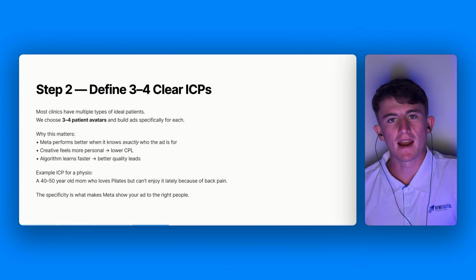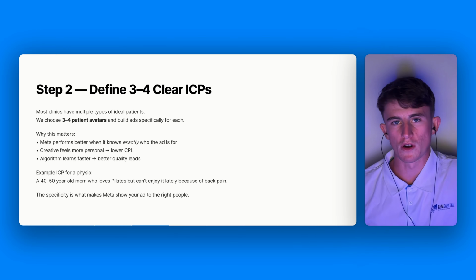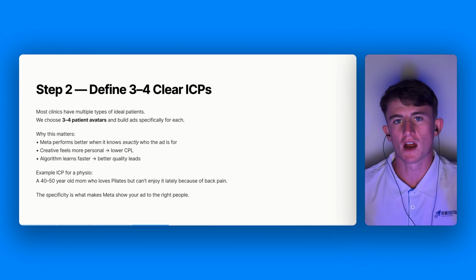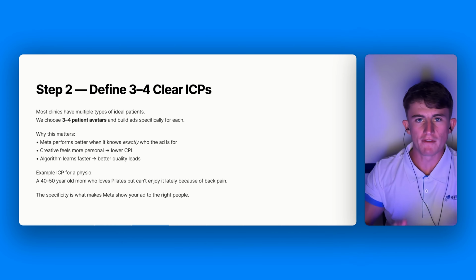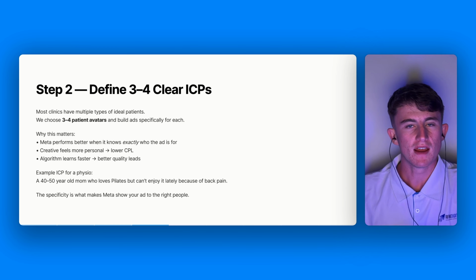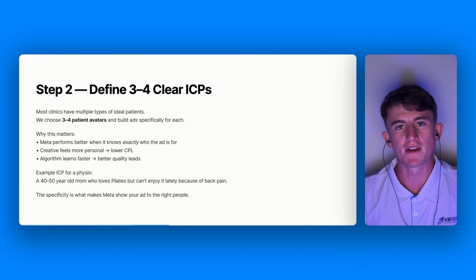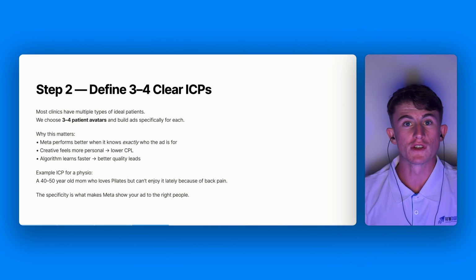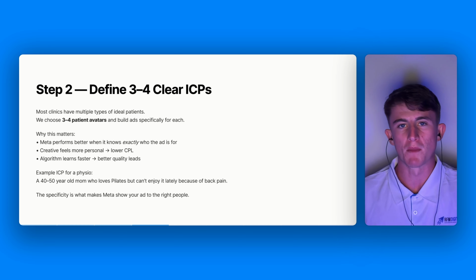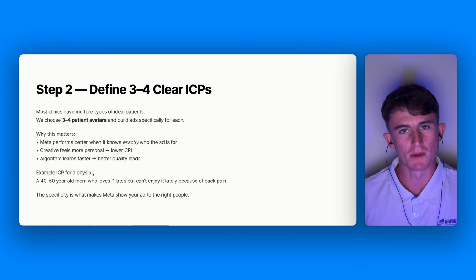And when they hear or see different words in the creative or ad copy, they'll make this decision within the algorithm to target these people. So if you call out mums between the ages of 40 and 50 in your ad, they'll go after these people. But if you just said back pain, they'll go after absolutely everyone. And we all know everyone isn't your patient.